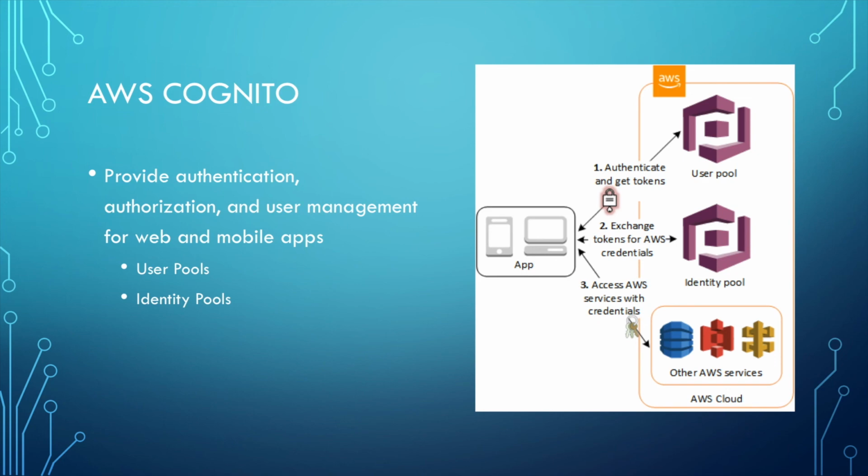We can see the right side of the picture. The app first authenticates and gets a token from the user pools. Then the second step is to exchange tokens for AWS credentials from the identity pools. The last step, they can use these credentials to access the AWS service.